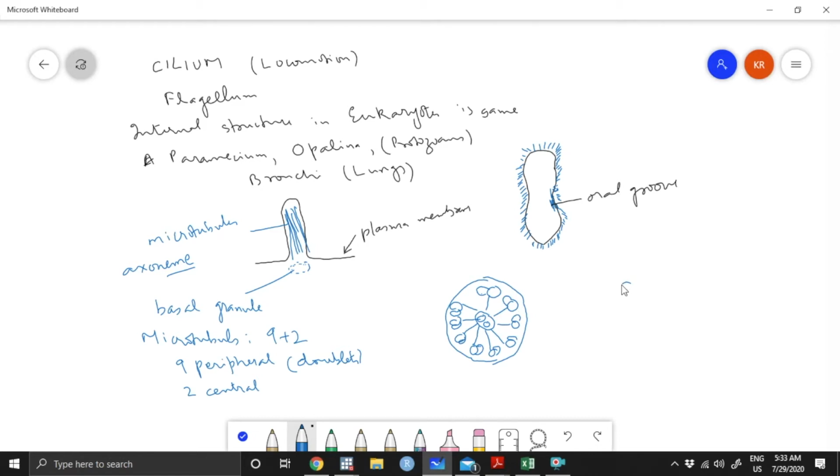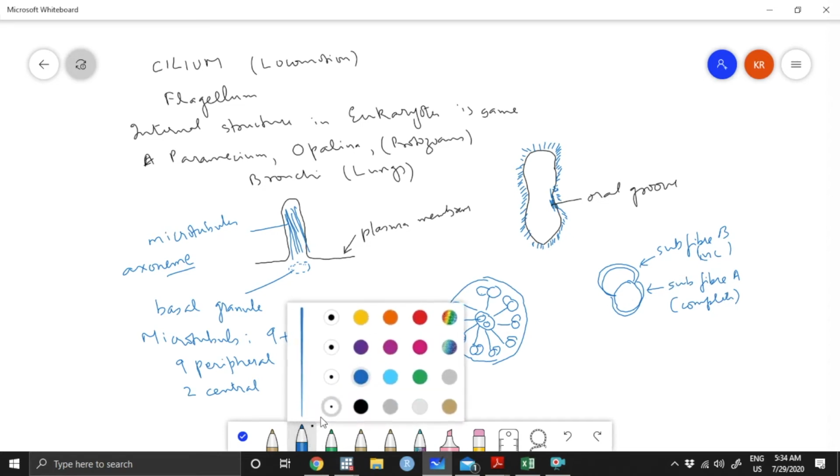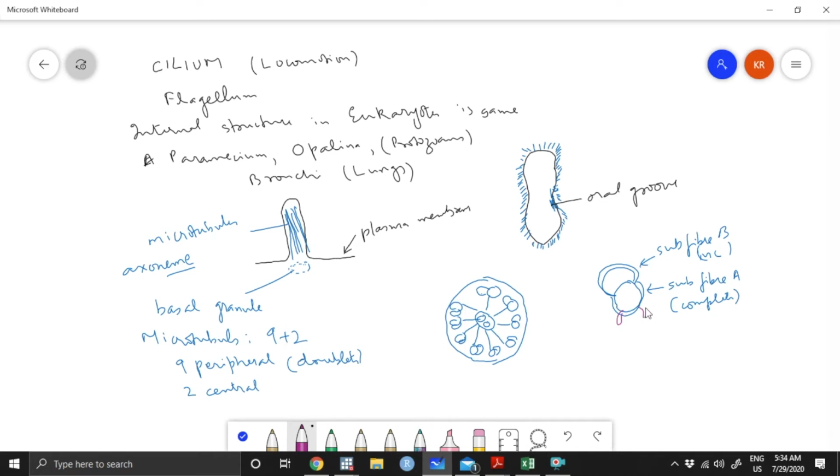So each one of this is called subfiber A. This is called subfiber B. This is complete and this is incomplete. And here they will contain arms.